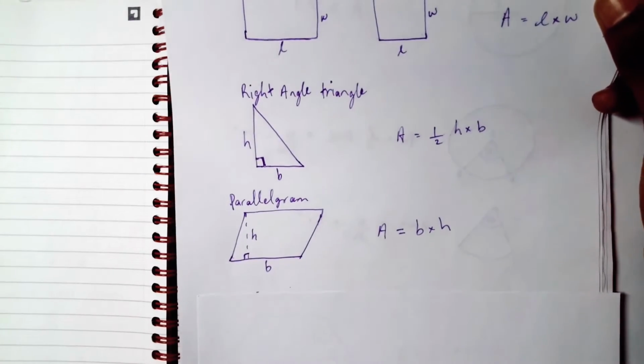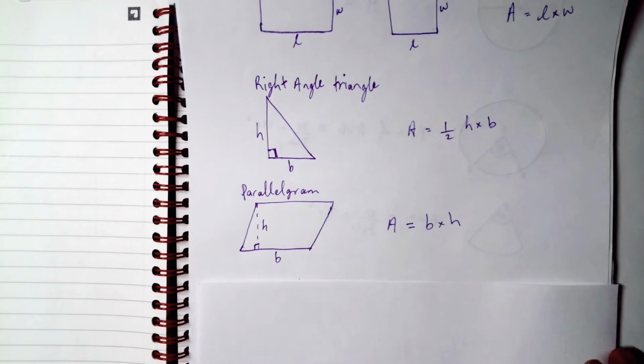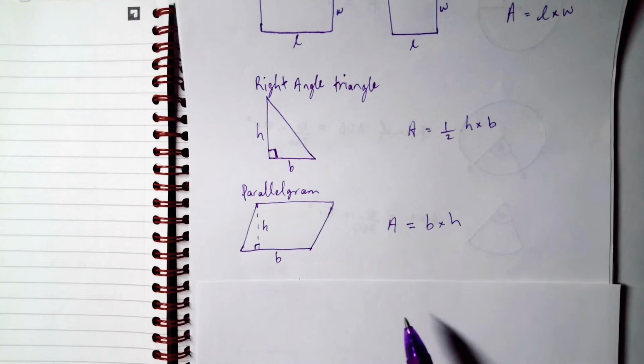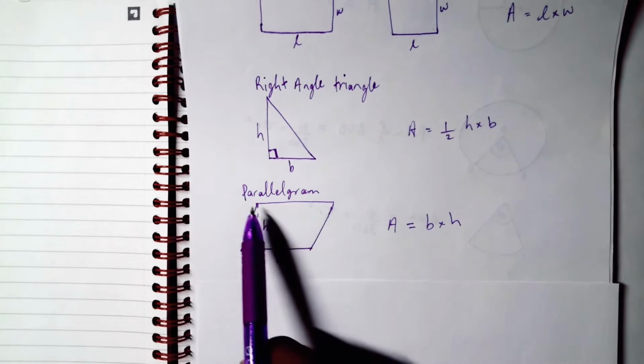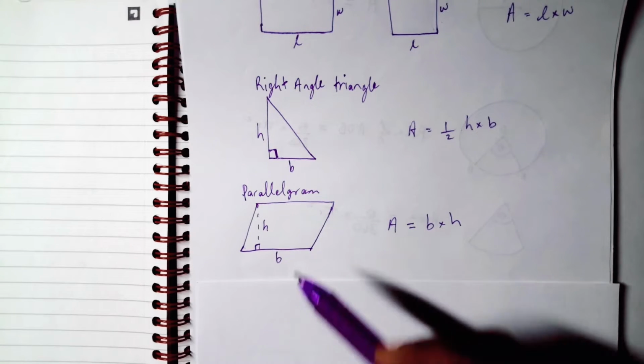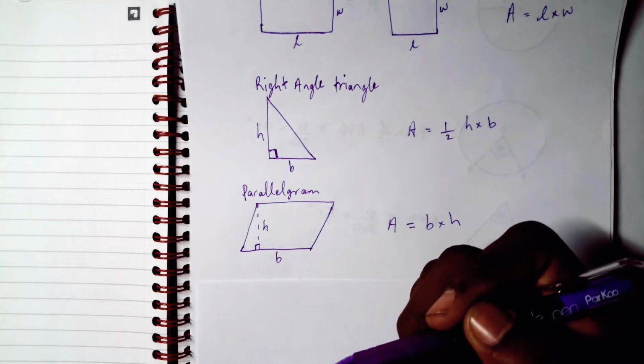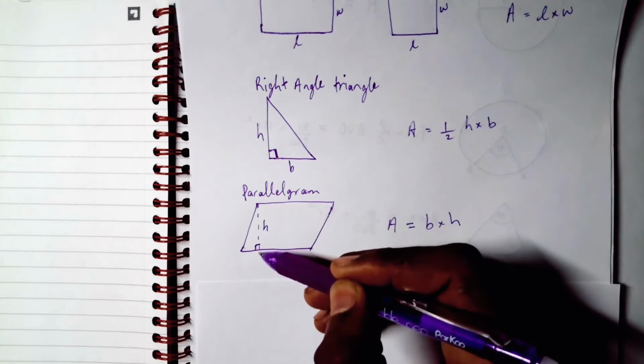And now we have a parallelogram. We did one example with a parallelogram in the previous video. This is the height. Usually when you're given a parallelogram question, they give you the height.